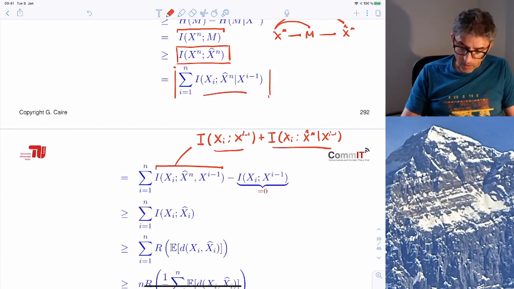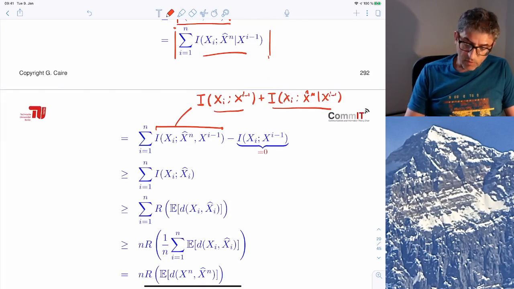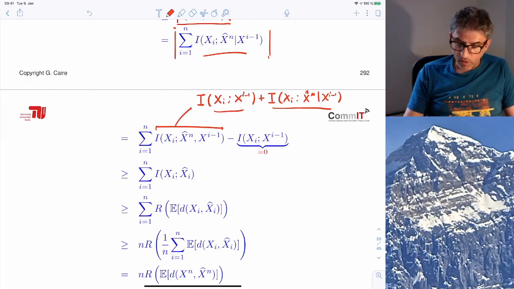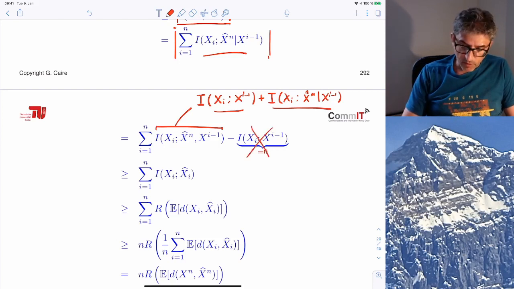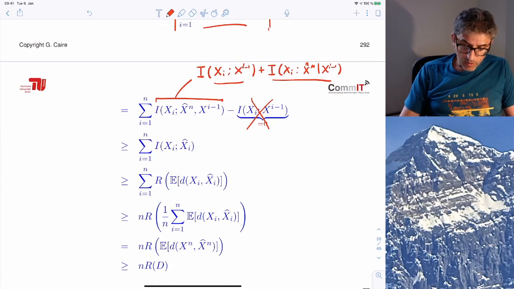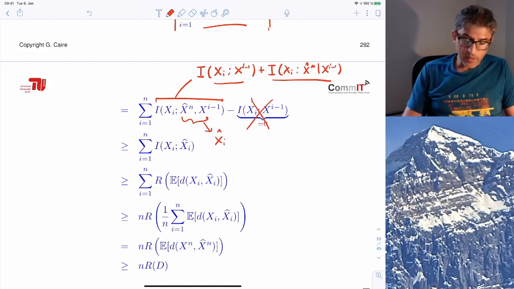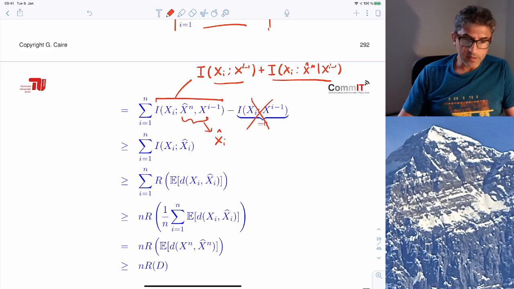So we have this, but now we recognize that because the source is memoryless, the mutual information between X_i and all the symbols from 1 to i minus 1 is 0, because memoryless means that symbols are independent. So this mutual information is 0. And at this point, we can simply neglect all the variables inside here but X-hat_i, and of course we get a lower bound, because when you throw away terms inside the arguments of the mutual information, you can only decrease the mutual information. That's easy to see again by the chain rule. So we get this lower bound.